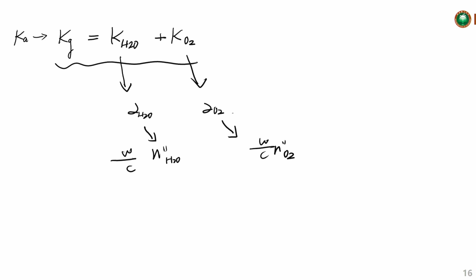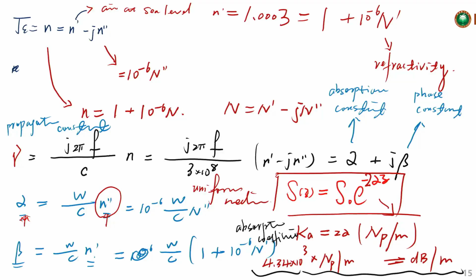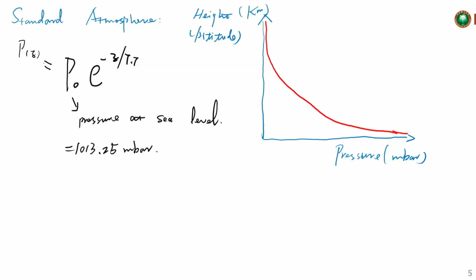Actually, we have another form based on measurements. As we mentioned previously, the water vapor has 2 absorption peaks, and the oxygen also has 2 absorption peaks.